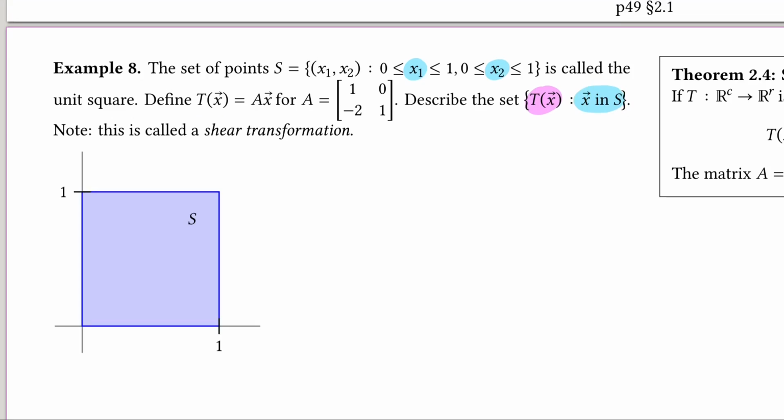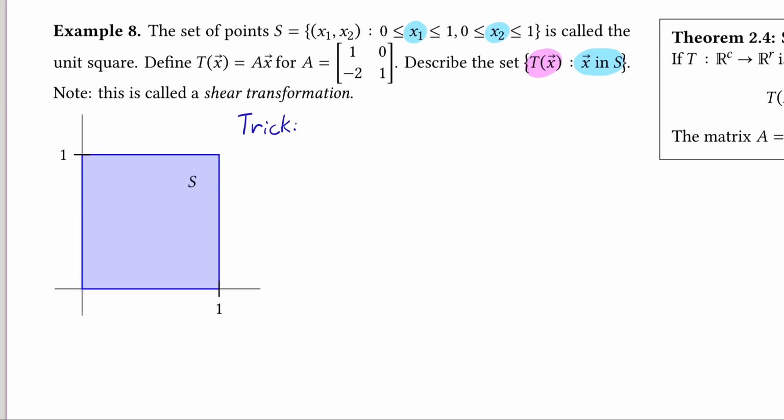So the first thing we're going to do is a good way to think about this, a trick you might not think of. First of all, the vector e1 just means the point 1, 0. Likewise, the vector e2 points at the point 0, 1.